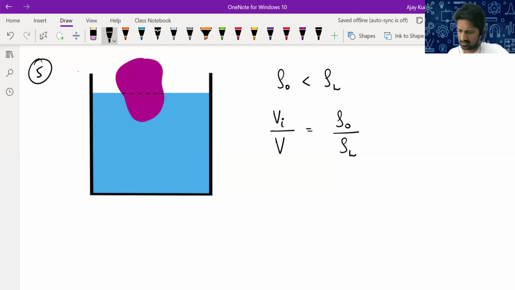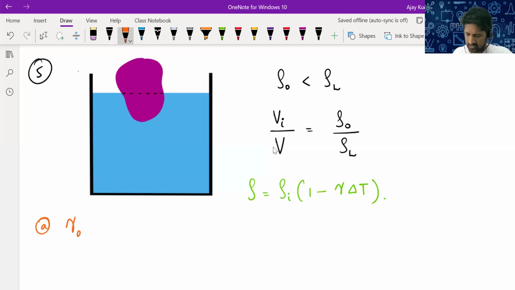Today itself we discussed, okay, the first question that we solved today was how density varies with temperature, and we got rho is equal to initial density into 1 minus gamma delta T. Okay, so let's say the situation is like this: object is floating on the liquid and it is told to you that first case, gamma of the object is more than gamma of liquid. Ignore expansion of container now. Okay, because what we are interested in is what happens to the object, whether it sinks more or rises more.